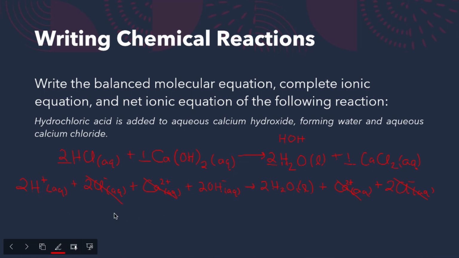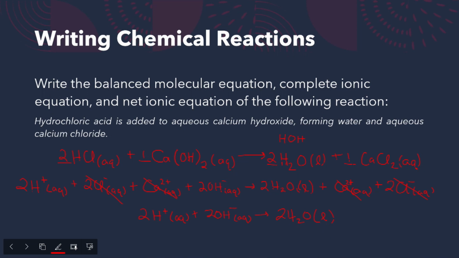So if we put that all together, we get 2H+ aqueous plus 2OH- aqueous goes to 2H2O liquid.